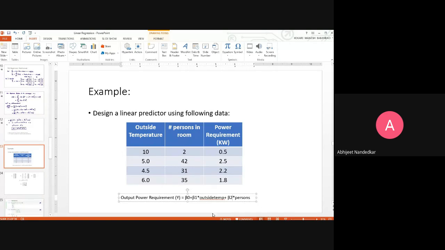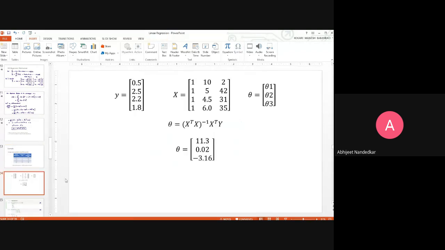Now I will take help of these training samples available to me to estimate or to find out beta 0, beta 1, beta 2 such that squared of the error is minimized. Okay, so for that I take this y is equal to this vector. So y will be collection of all the actual y values from the training samples.